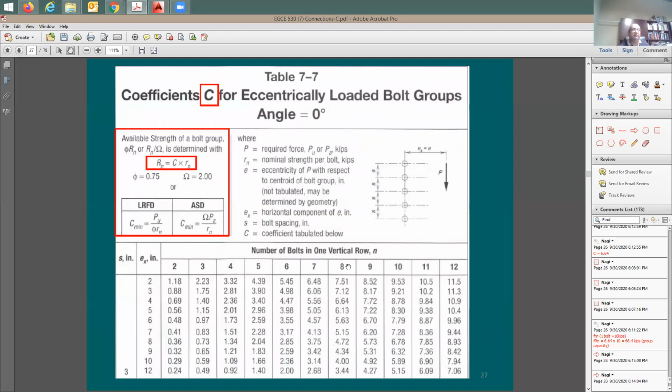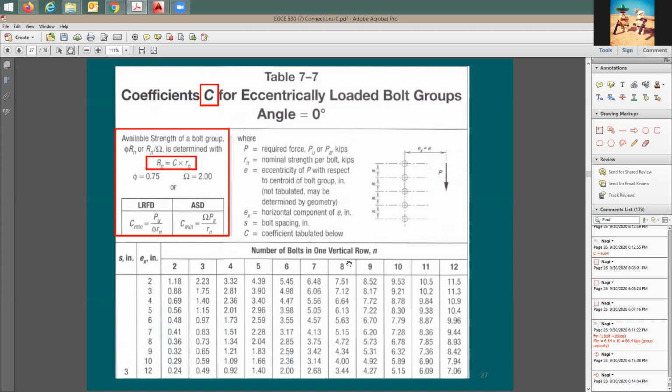Do you understand this table? The C is a modifier for the group action, right? Yeah. But if there's no eccentricity, would it be equal to the phi little rn of the bolts?